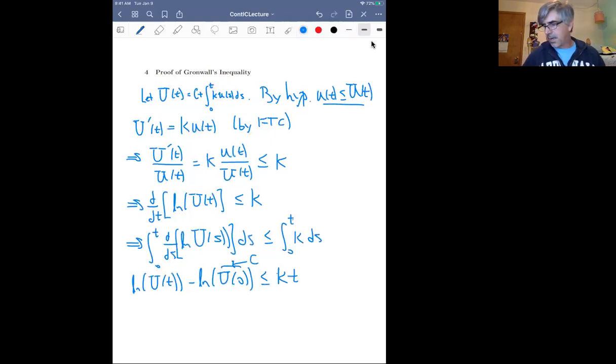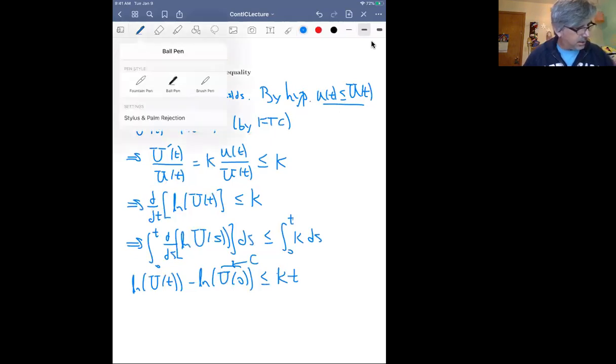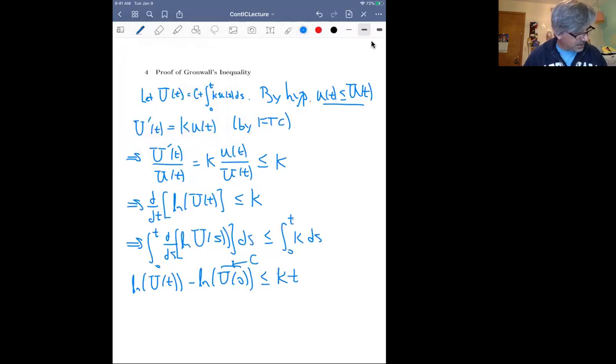And so this tells me then, when I bring this constant term over to the right-hand side and then exponentiate both sides, I get that capital U of t is less than or equal to c e to the kt.